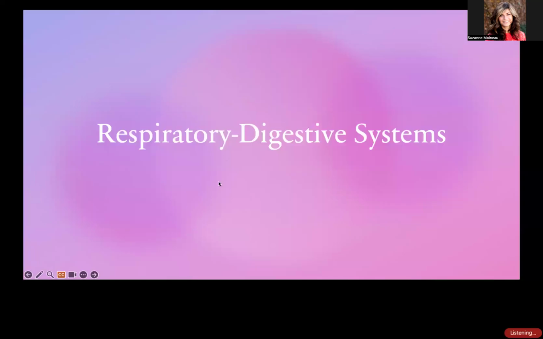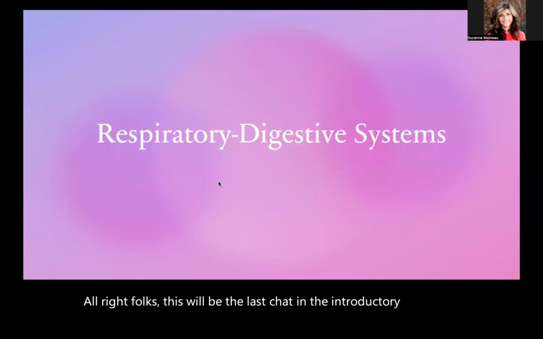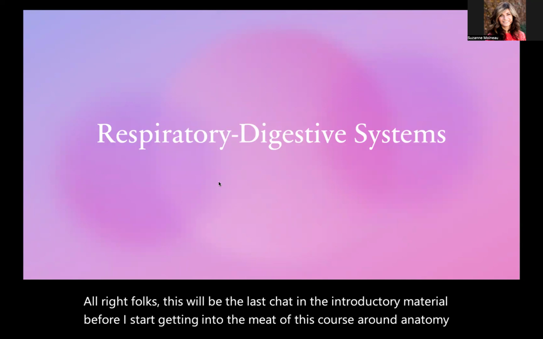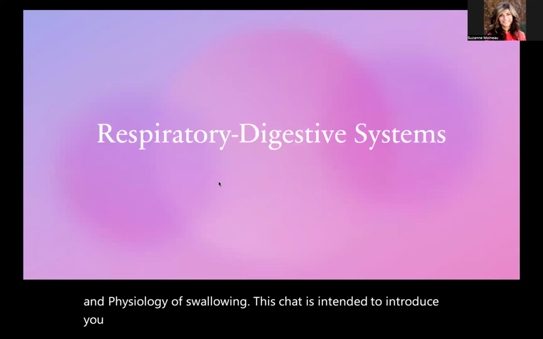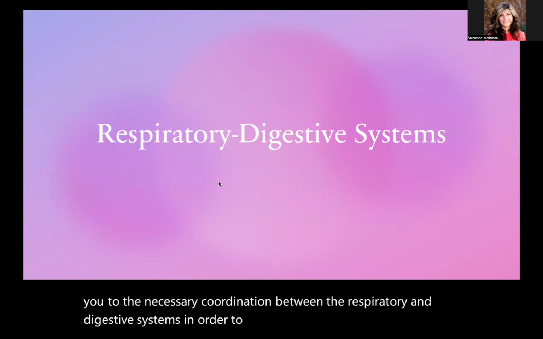Right, folks, this will be the last chat in the introductory material before I start getting into the meat of this course around anatomy and physiology of swallowing. This chat is intended to introduce you to the necessary coordination between the respiratory and digestive systems in order to achieve safe swallowing.